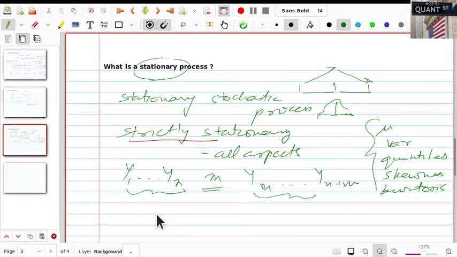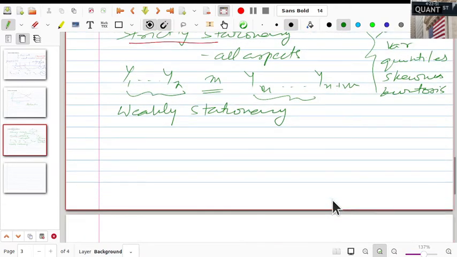But this can be difficult to achieve and difficult to observe, so we also have something called a weakly stationary process.